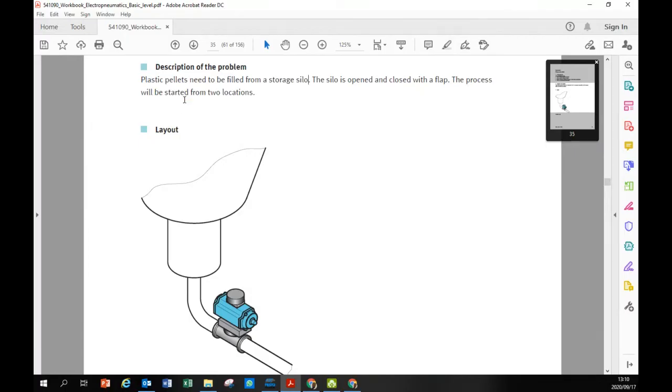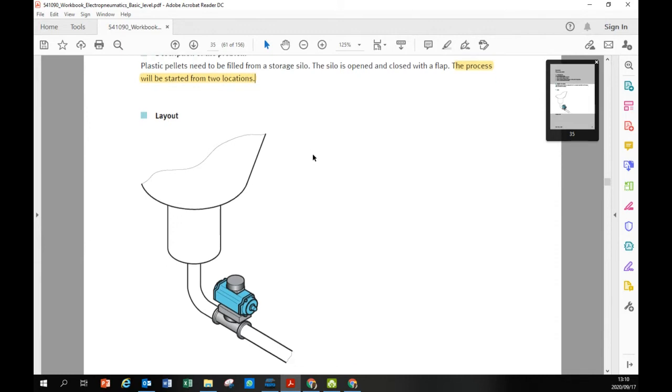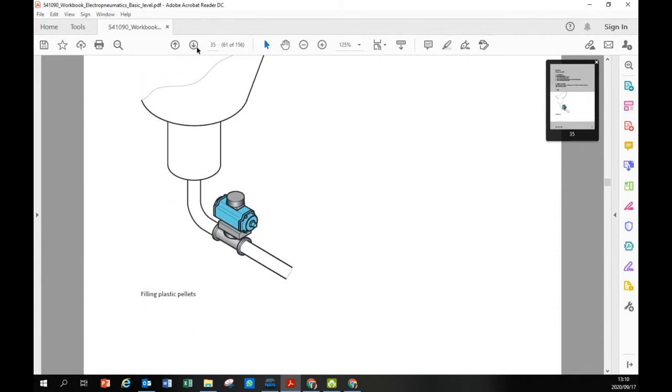And then the process will be started from 2 locations. Basically what they're saying is the process can be started from 2 different locations, so you might expect multiple push buttons, okay?